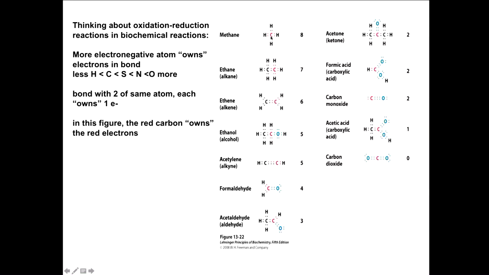So we think of this functional group with carbon. You can compare with a chart like this whether it has more electrons or fewer electrons compared to another functional group. If it has more electrons, it's more reduced. If it has fewer electrons, it's more oxidized.